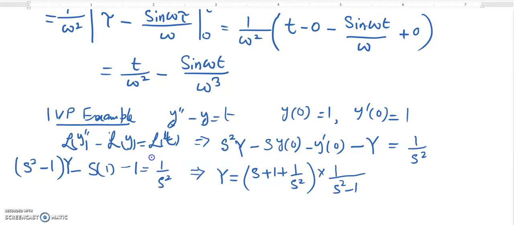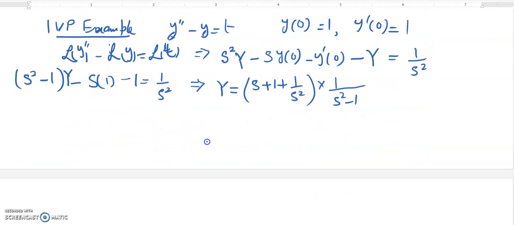This we can simplify as follows. If you simplify it, it will be s cube plus s square plus 1 over s square times s square minus 1. So this is Y in terms of s.